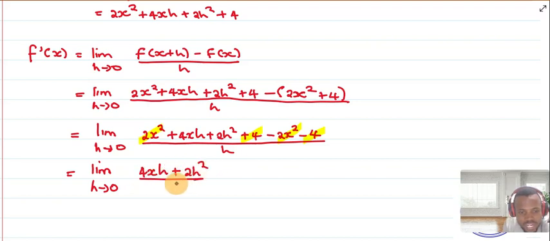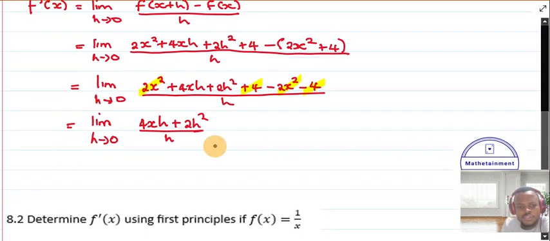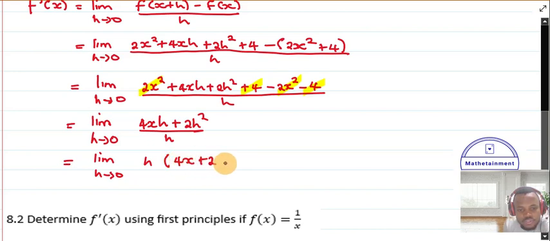You divide this by h. So from here, you can factor out h. It's a limit as h approaches 0. If you take h as a common factor, you are left with 4x plus 2h all over h.